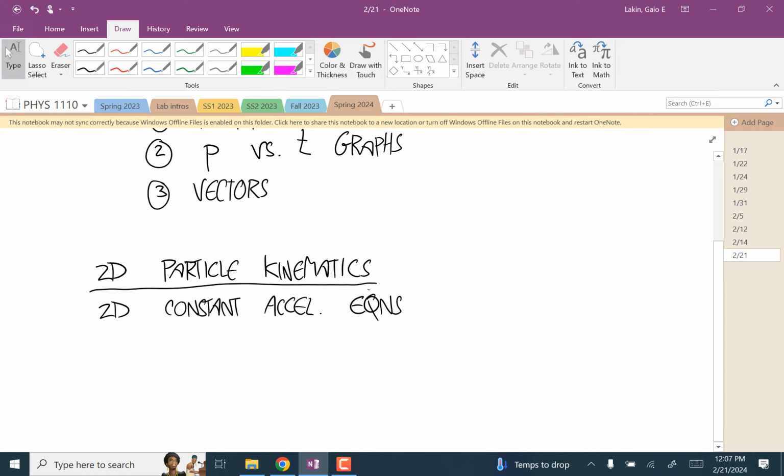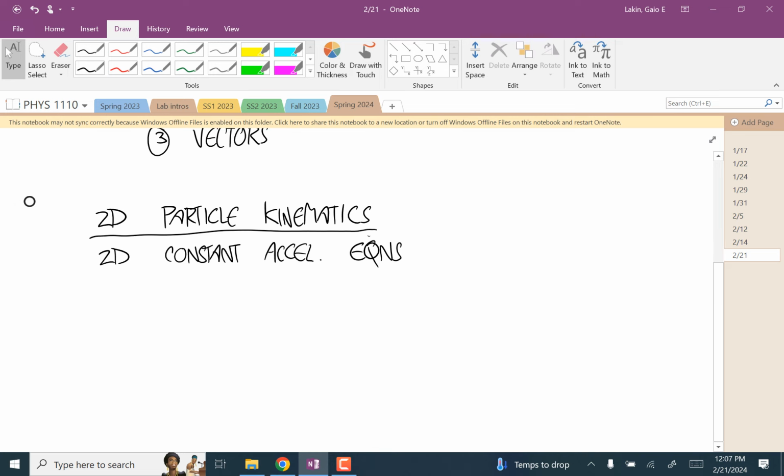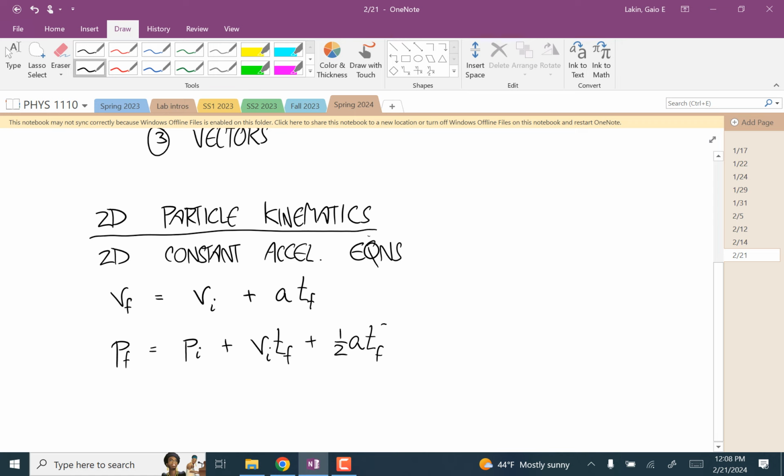Okay, and in 1D, there are 3 constant acceleration equations, and those are this, this one, and 2a times the quantity pf minus pi is equal to vf squared minus vi squared.